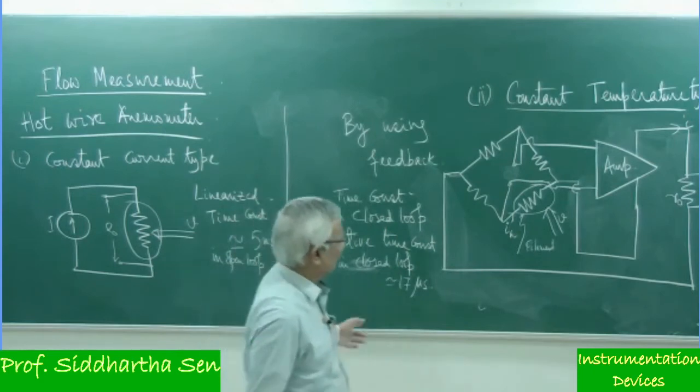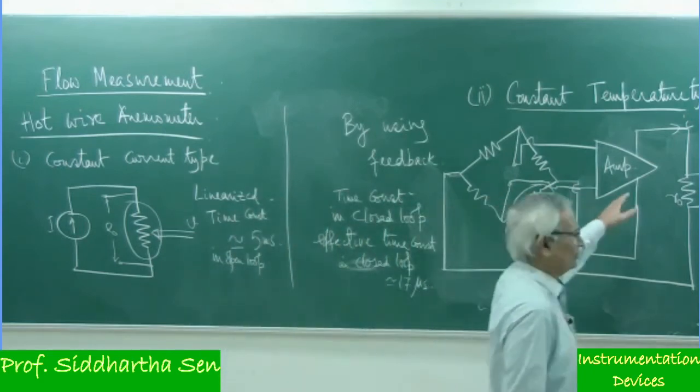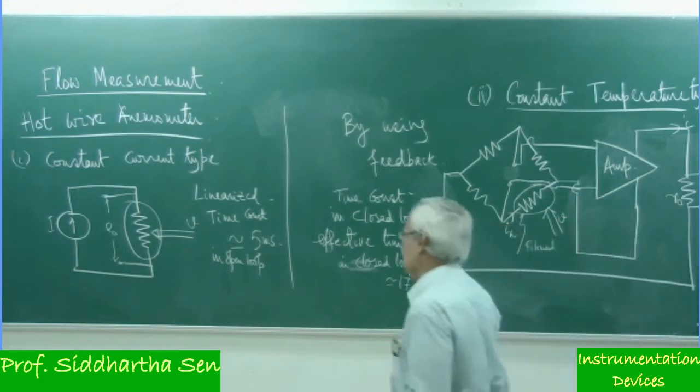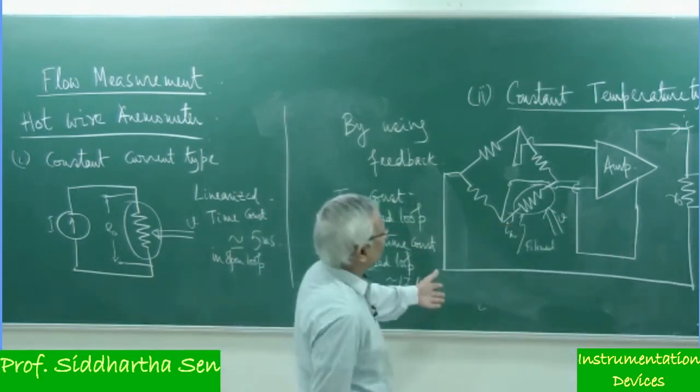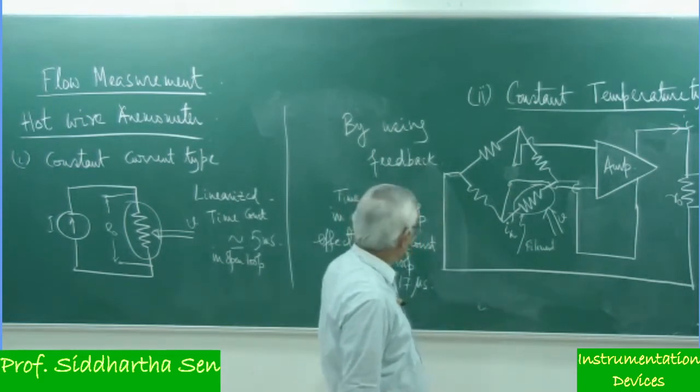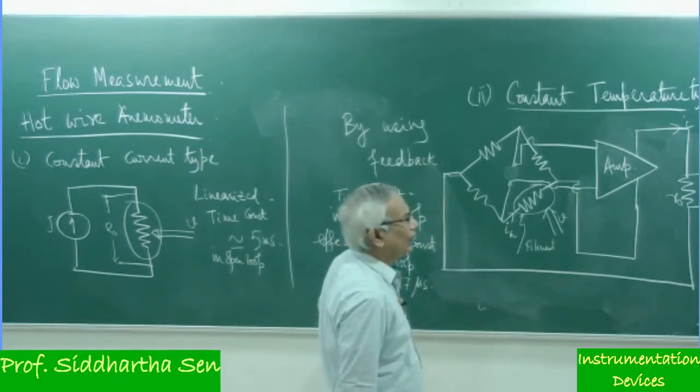Though it looks more cumbersome, in a closed loop instrument, the same instrument, same sensor, if we incorporate it in closed loop, we call it a constant temperature type, and that can become faster.